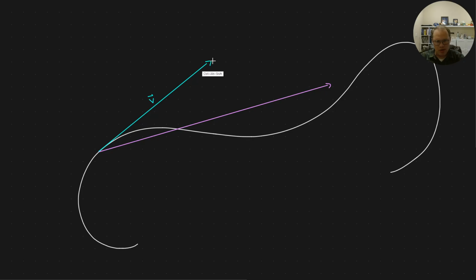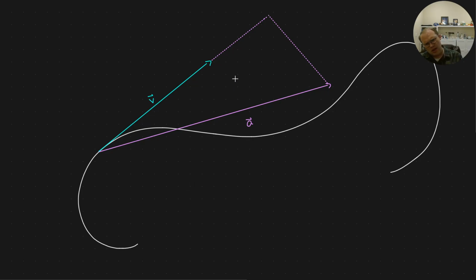It has a component in the direction of the velocity that is related to its change in speed, and a component orthogonal to the velocity that relates to its change in direction. We would like to be able to characterize both of these components.